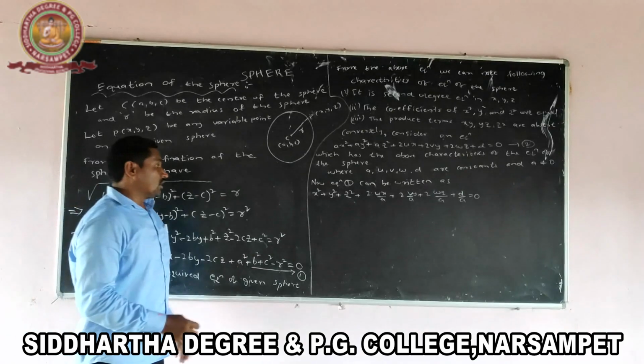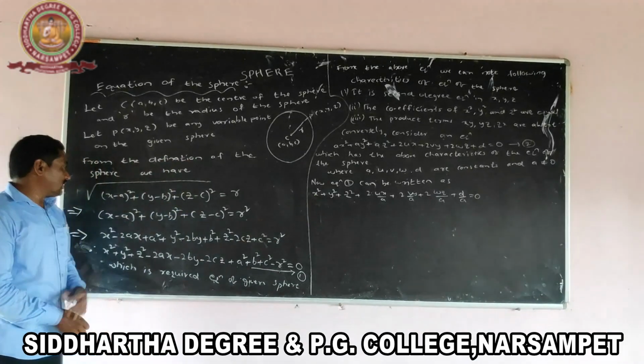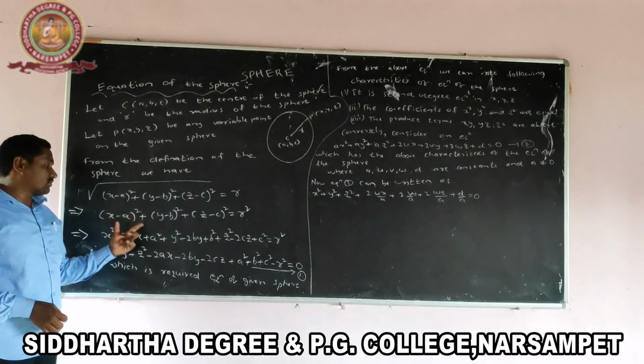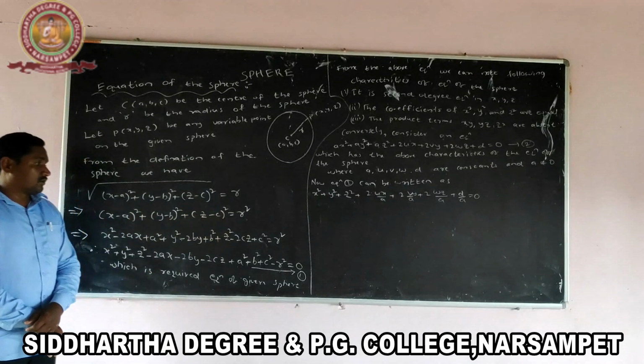Here I am trying to put this equation in this form: x minus a whole square plus y minus b whole square plus z minus c whole square equal to r square, right?